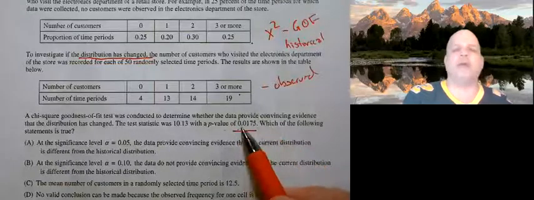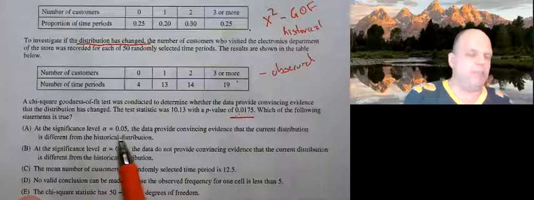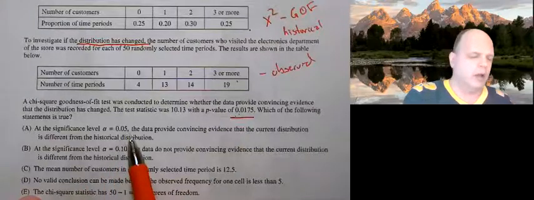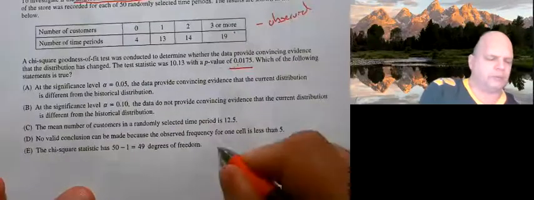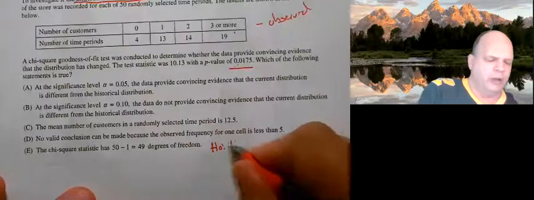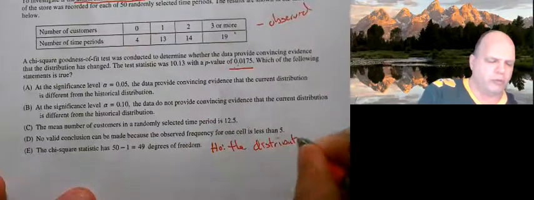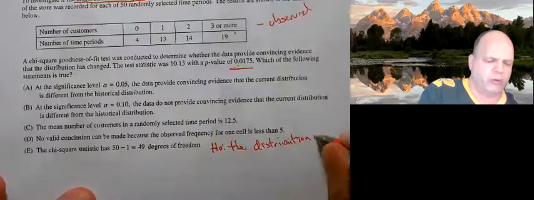Okay, that's a pretty small p-value, all right? So at the significance level of 0.05, by the way, I should say this, for the chi-square goodness of fit, H0, the null, is that the distribution matches the historical.